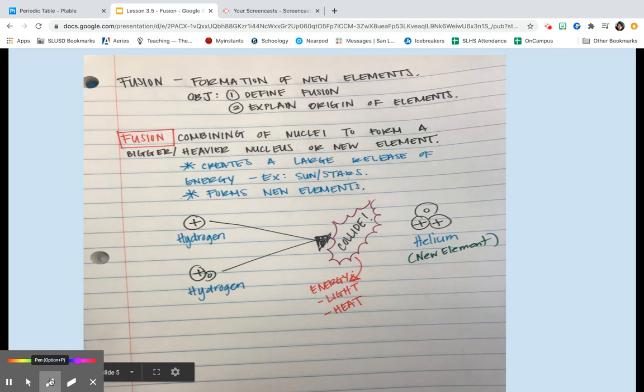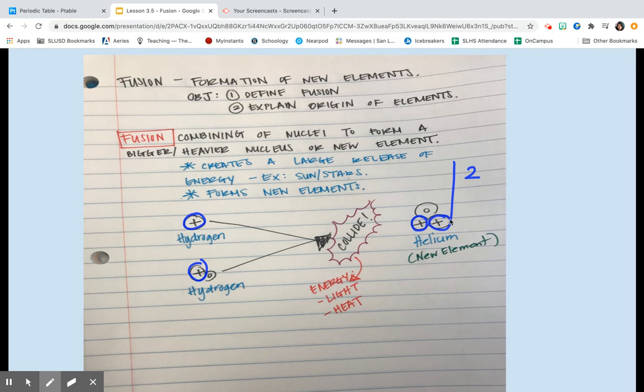So let's talk about how we know that helium is the thing that gets created. Well, notice here that helium has two protons, and before each hydrogen had one proton. So these two crash together. So now 1 plus 1 gives me 2. So I know that I have two protons in this element, right?